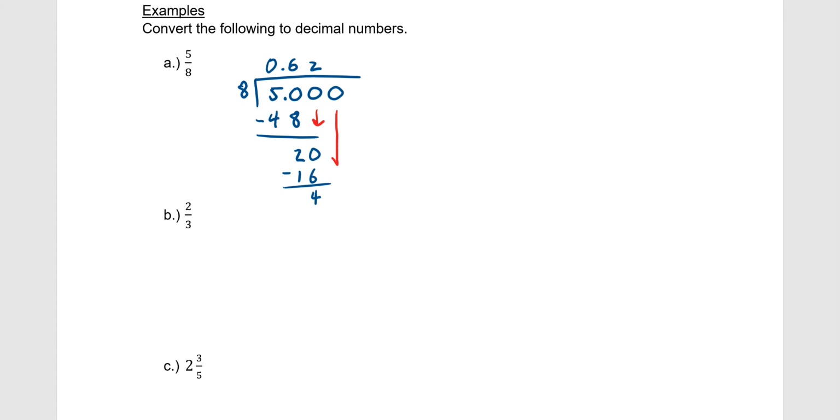So we're not changing the number 5. 5 is the same as 5.0, which is the same as 5.000. So bringing down the 0 gives us 40. 8 goes into 40 5 times, and 8 times 5 is 40, so that gives us a remainder of 0. So this actually ended up giving us a nice answer of 0.625.